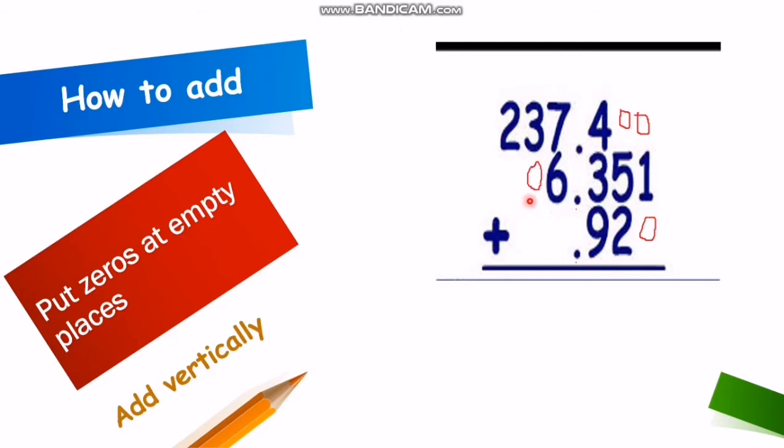Here are the missing places. We have to put the zeros to fill up the space, so that the numbers have the same length. Then add using column addition, remembering to put the decimal point in the answer.